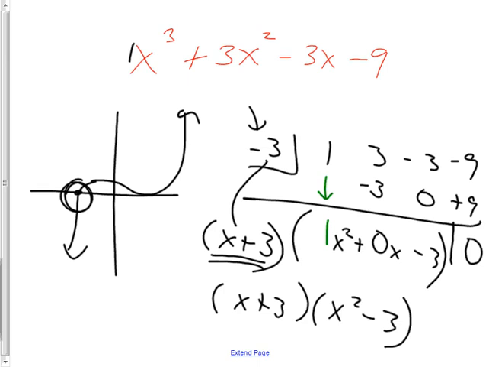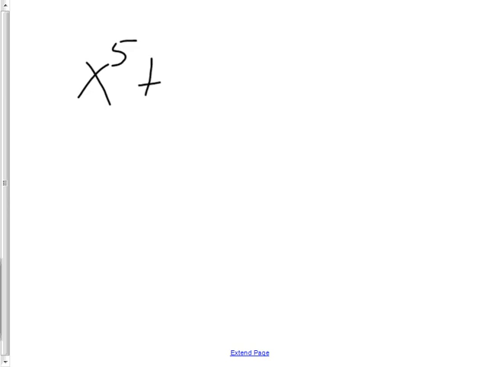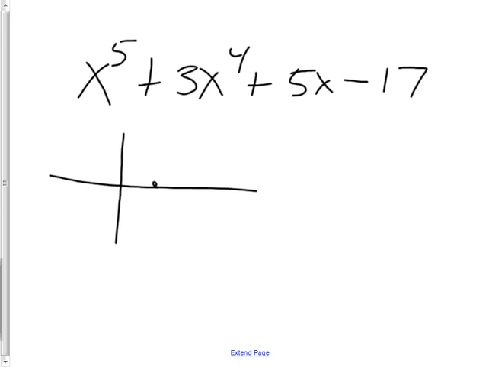That way works to factor even really big things that you can't factor by grouping. All right? I don't want it to take too much time, but if I gave you one like this, x to the 5th plus 3x to the 4th plus 5x minus 17, you could graph it. If it touched, you could go, oh, it's touching at 3. I don't know exactly how the graph would look. I know it's odd, so they would have to be going opposite directions.